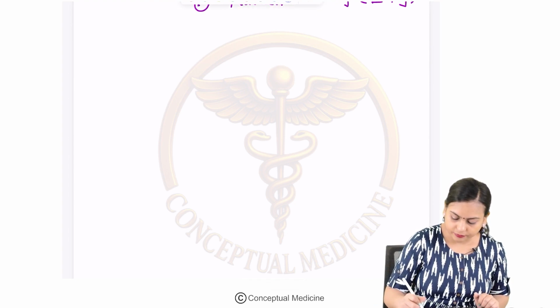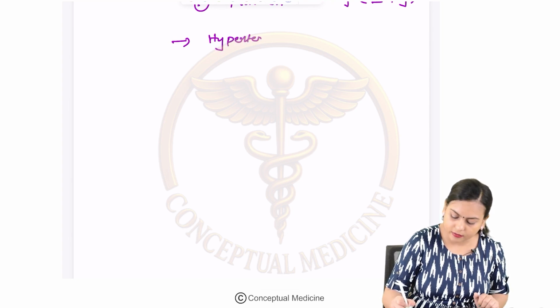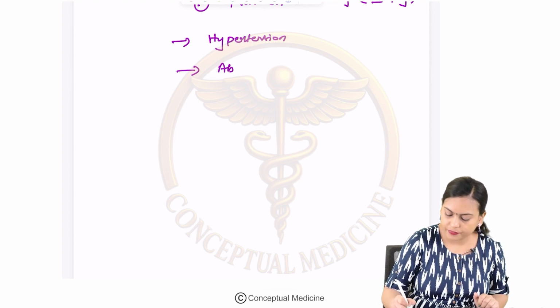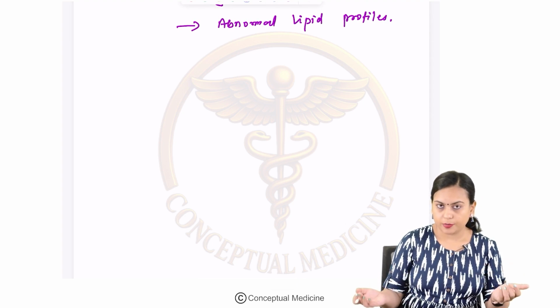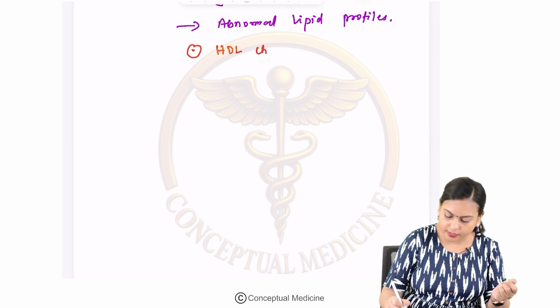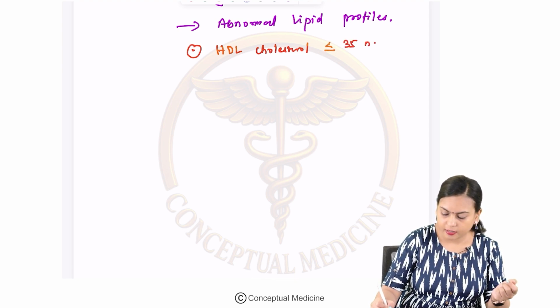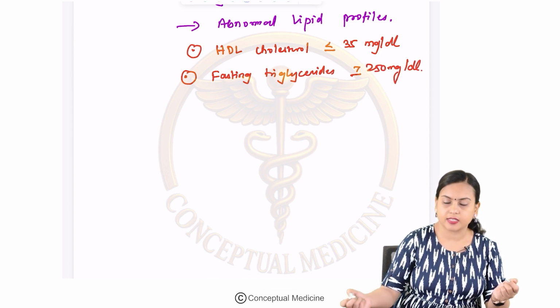Okay. And then she can also have hypertension, okay, or abnormal lipid profiles. Okay. So now these abnormal lipid profiles means either you have your HDL cholesterol less than 35 milligram per deciliter, or you have your fasting triglycerides more than or equal to 250 milligram per deciliter.